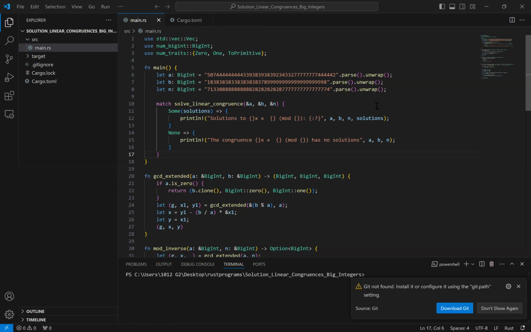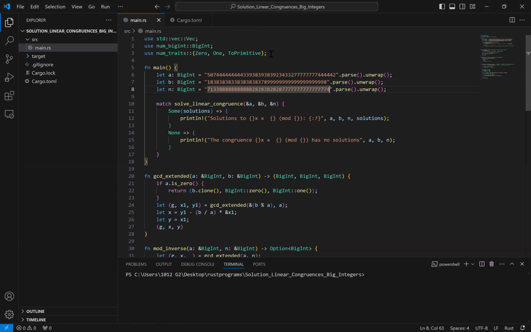The way we write for big integers is just the same way. Now here it is. You can see the number I put here is a very huge number, and then there's another very huge number here for B, then a huge number for N.